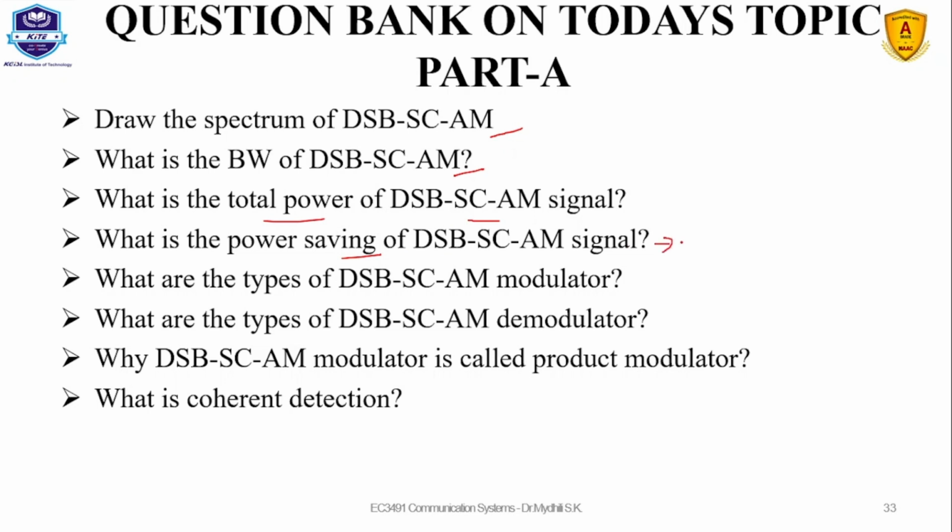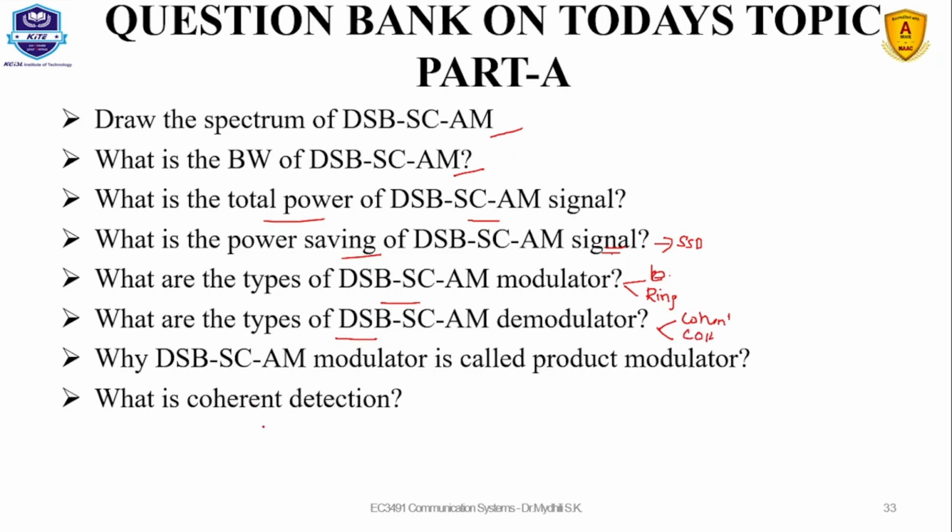This one we'll see after the SSB signal, so it is still pending; we'll be calculating the power then. And what are the types of DSB-SC modulators? As I said, there are two: the balanced or product modulator, and the ring modulator. Please remember. And for DSB demodulators, again there is the coherent or synchronous detector and the Costas loop.